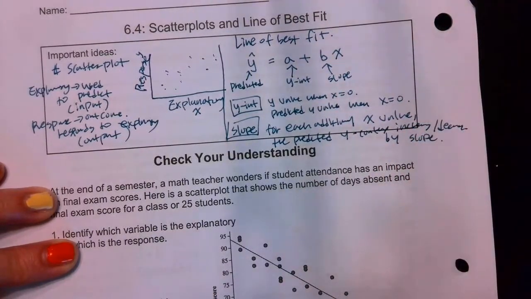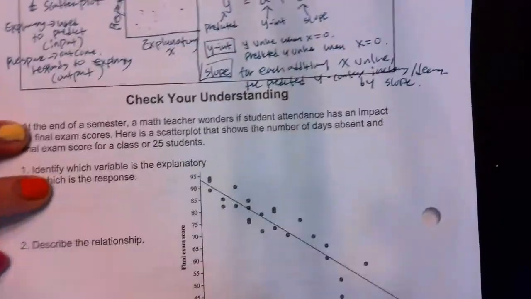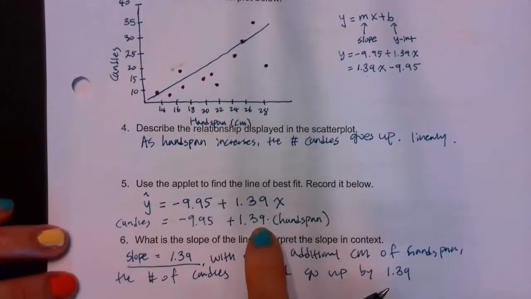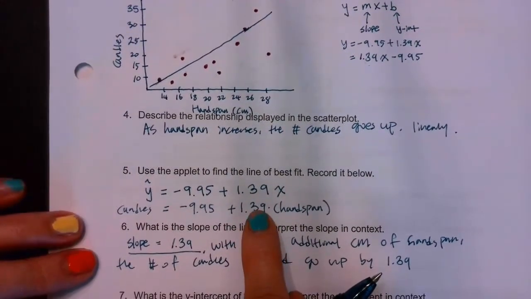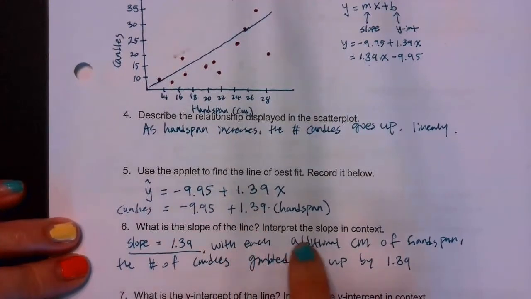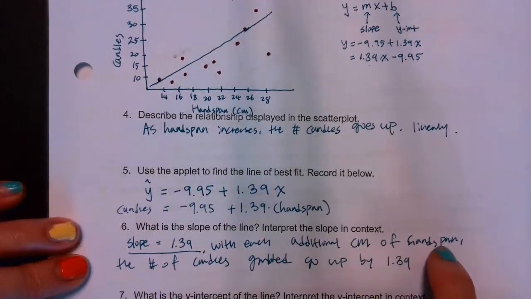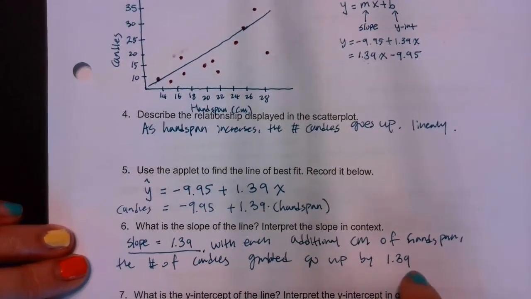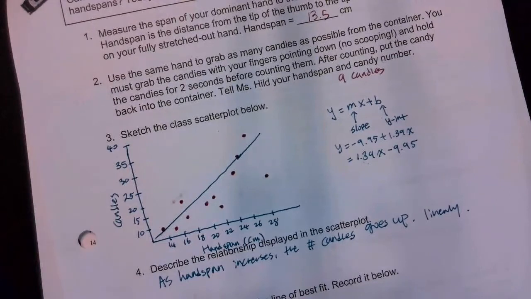Which sounds kind of weird, but on the previous page, just a quick review. If you remember, our slope was 1.93. So what does that mean? That means for each additional x value, for each additional centimeter of handspan, the predicted y value, the number of candies grabbed, goes up by 1.93. Cool. All right. Since we're on the front page, let's just make a few notes over there.